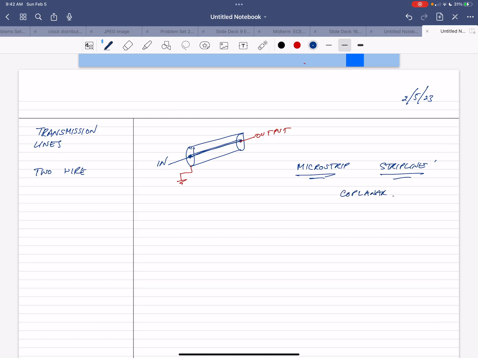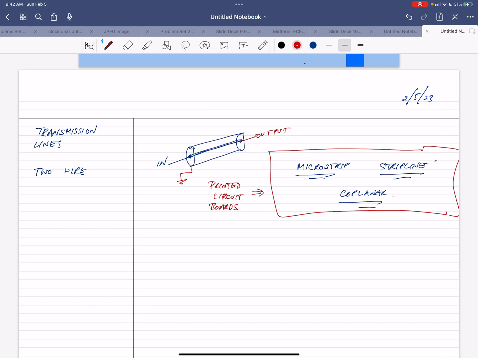You can go on the internet and look at what these look like, but basically they're all transmission lines that you can have on printed circuit boards. So they're particularly popular and useful.